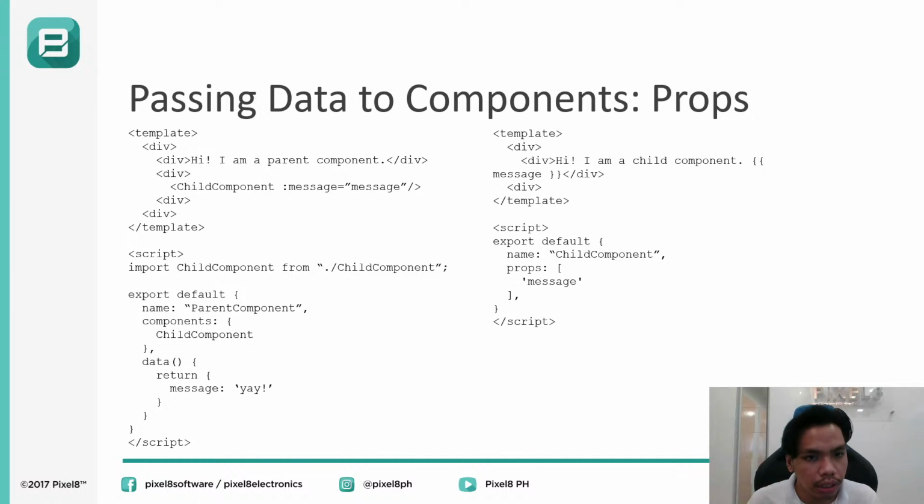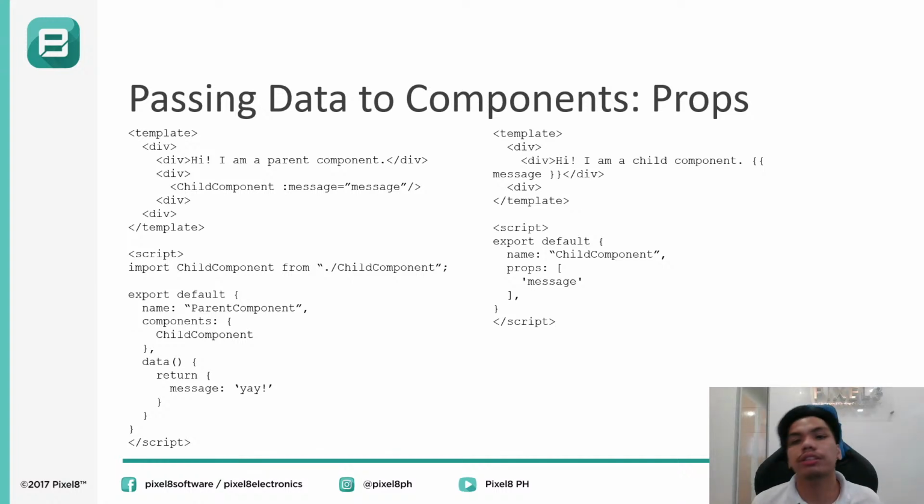Aside from that, you will also notice the message prop, which is indicated by the colon. So we have a colon message, which is equal to message. And then that message corresponds to the data below, which is returning a specific string called yay. So that is the value that is going to get passed to the child component.